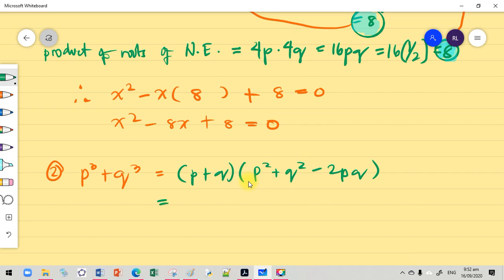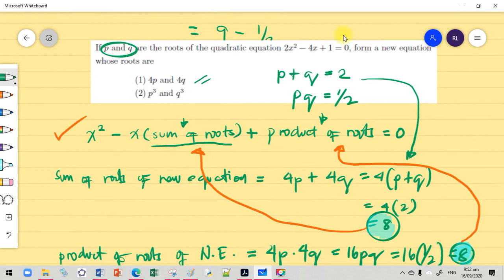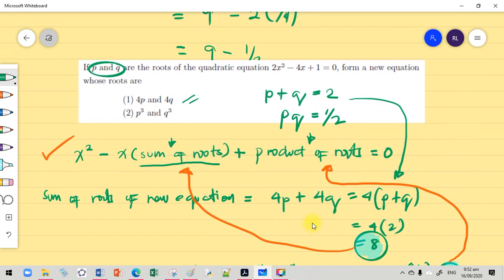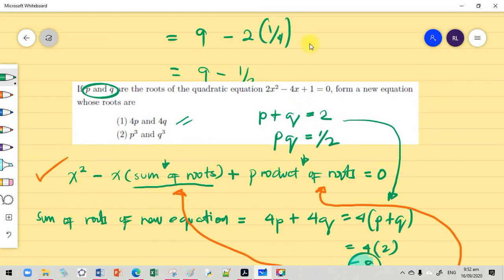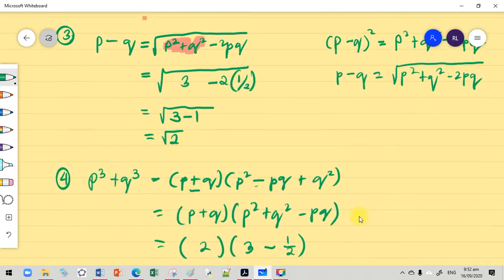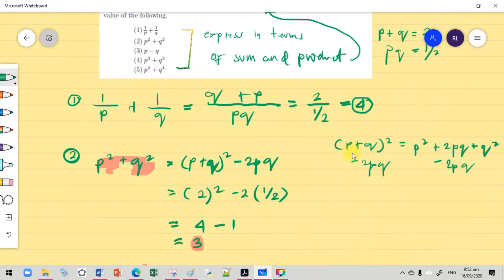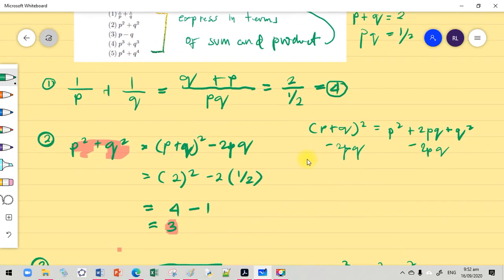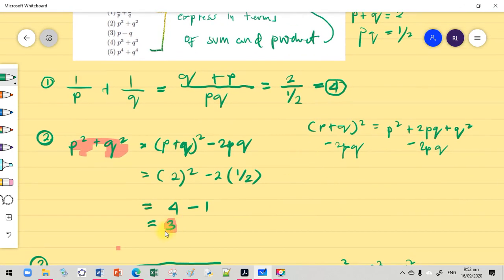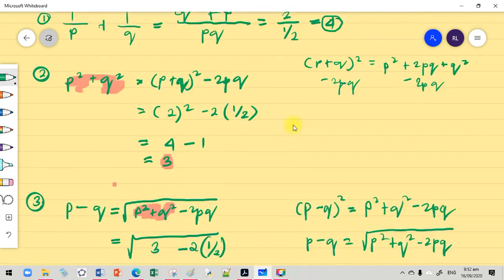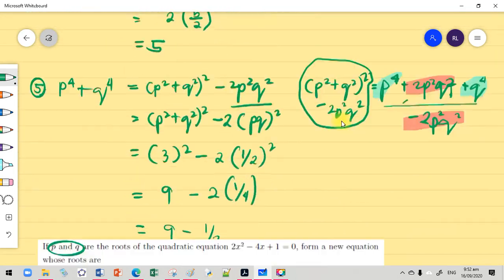Remember that this problem is just the same as the previous problem. But if it's different, you have to start from scratch and find it. And we know that p plus q squared is 3 already. So we can just substitute it here.